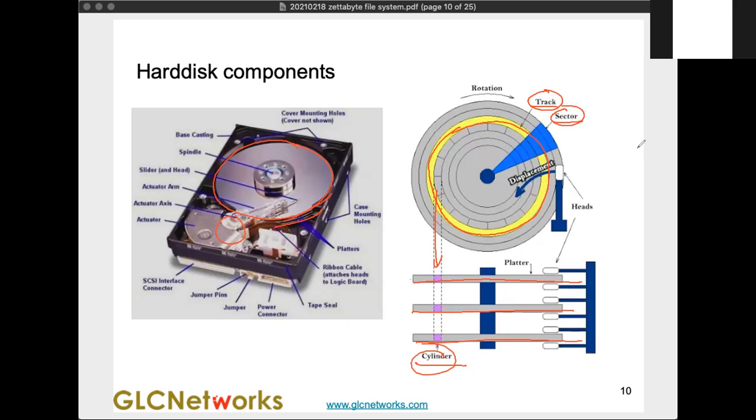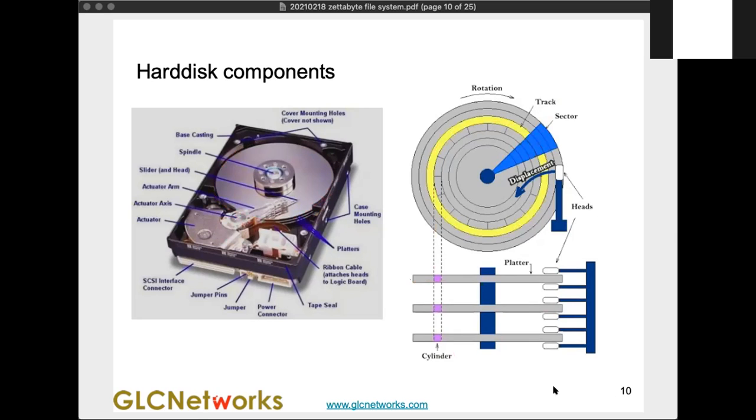Every operating system understands these components, these parameters, and these parameters are related to the physical hardware. So it's nothing to do with the operating system. It's just a purely hard disk component.